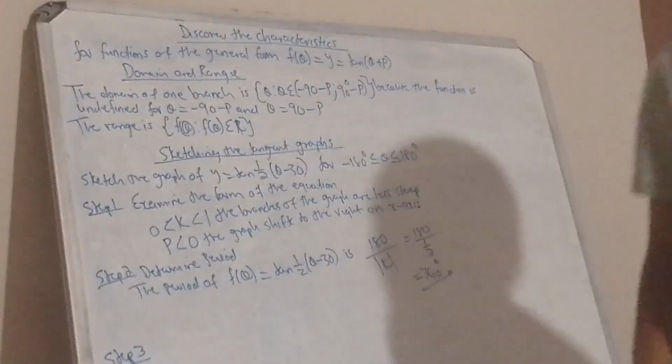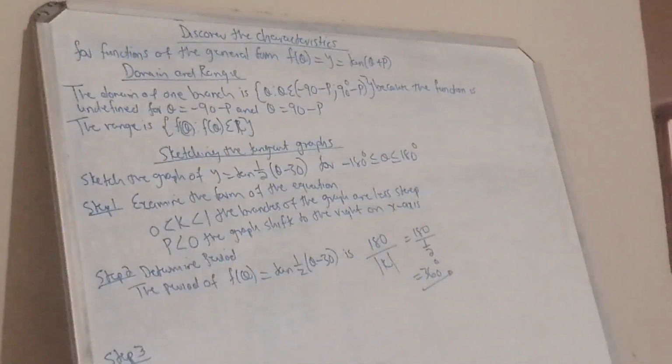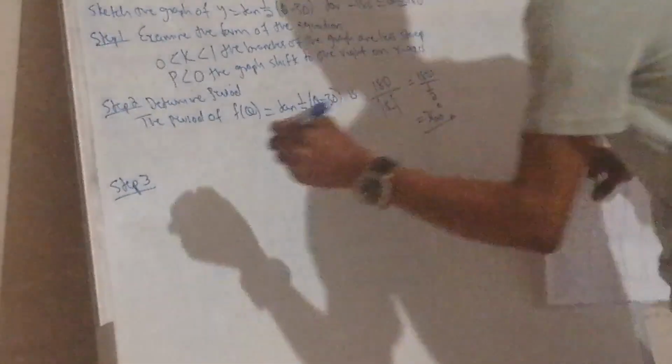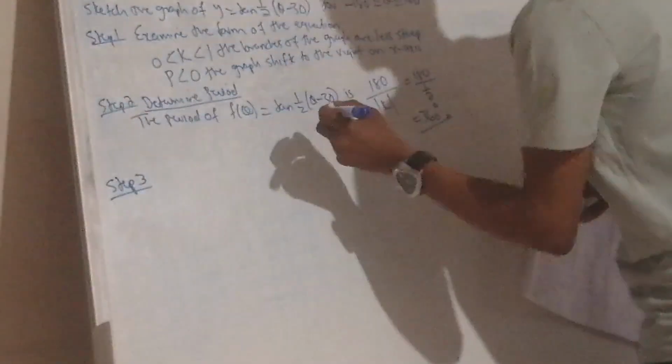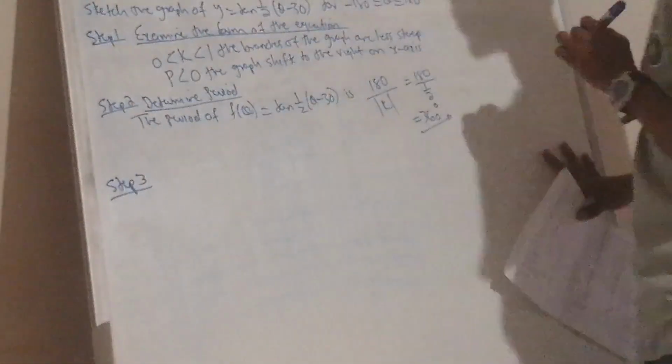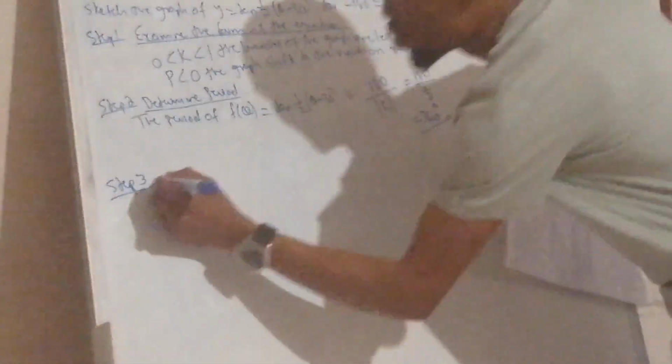These are the procedural methods that one should apply whenever you are dealing with these things. Now, step 3, the asymptotes. Step 1, we examine the type of the equation that is provided. Step 2, we determine the period. And then step 3, we determine the asymptotes.